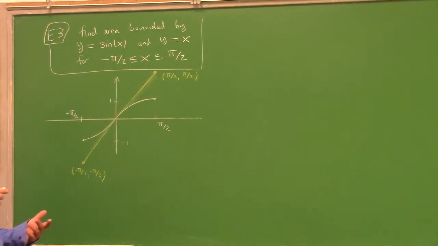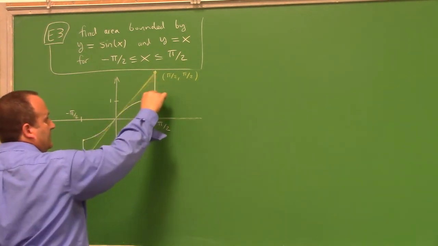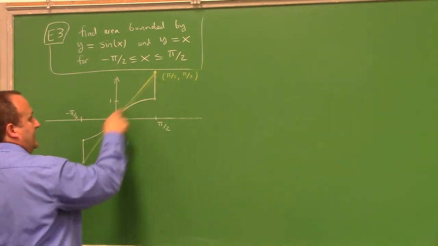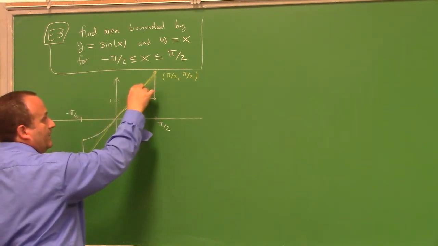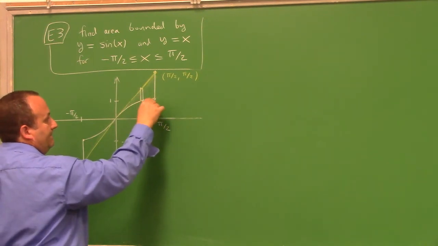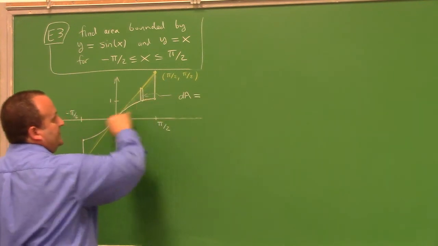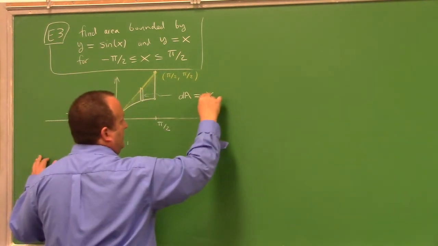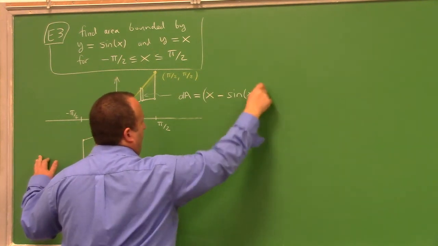There are two different places where you're trying to find the area, this side and that side. So over here, when we draw dA, dA is equal to the top y, which is x, minus the bottom y, which is sine x, dx.